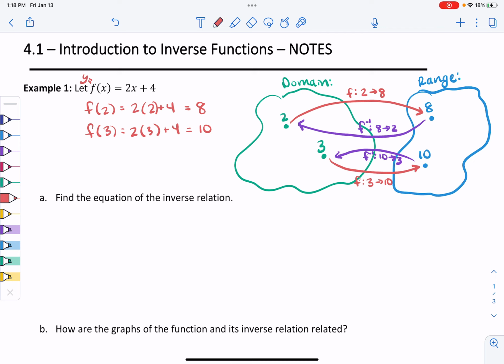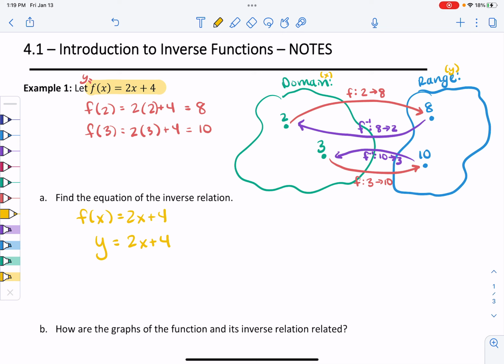We have our function f of x equals 2x plus 4. Like we talked about before, that could be written as y equals 2x plus 4. Remember, for our original function, domain we can see as our x's, and range as our y's.